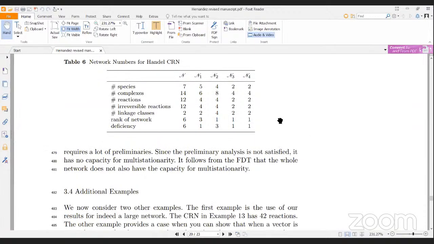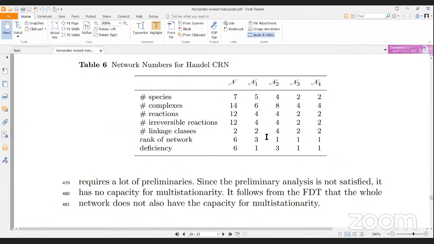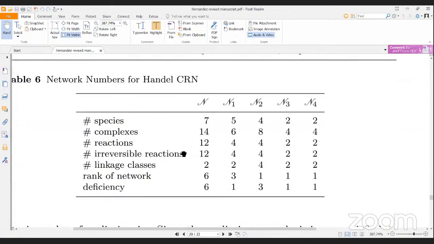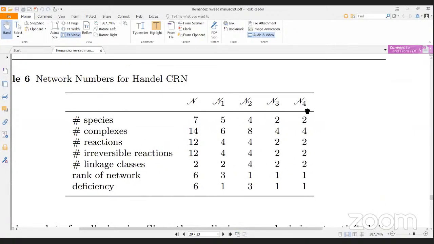Katulad nito, this handle network, palakihin lang natin ang konti. This handle network, we have N1, N2, N3, N4. These are N1 union N2 union N3 union N4. That would give you this decomposition of N. And that would be one independent decomposition.